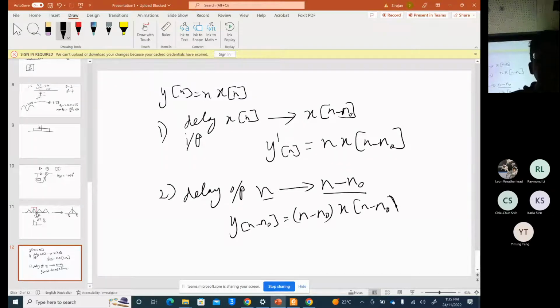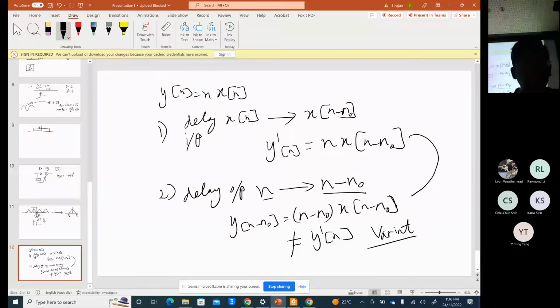Then you check whether these two are the same. Here, this is not equal to y dash n. So that means it is time variant. That is how you check time invariance.